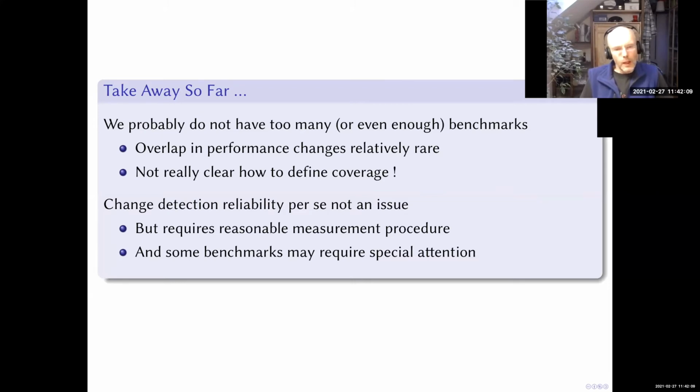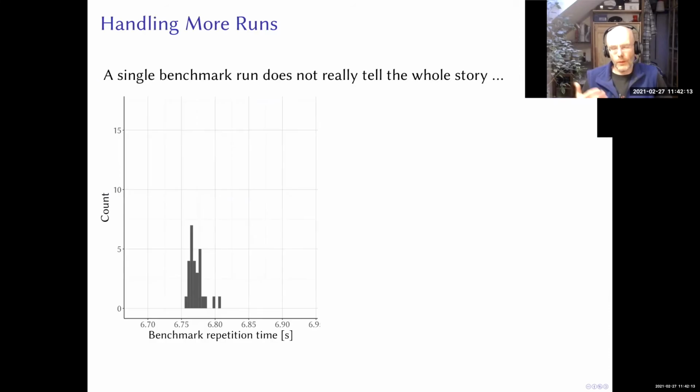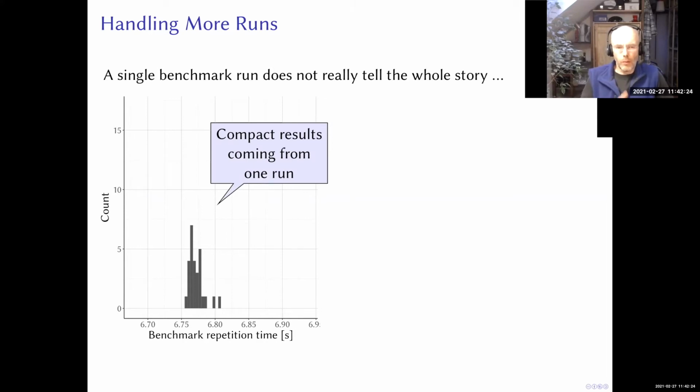Speaking of measurement procedures, if you've seen JIT performance, you already know that a single benchmark run doesn't really tell the whole story. So we might run the benchmark once and we see a nice compact distribution of results coming from that single run.